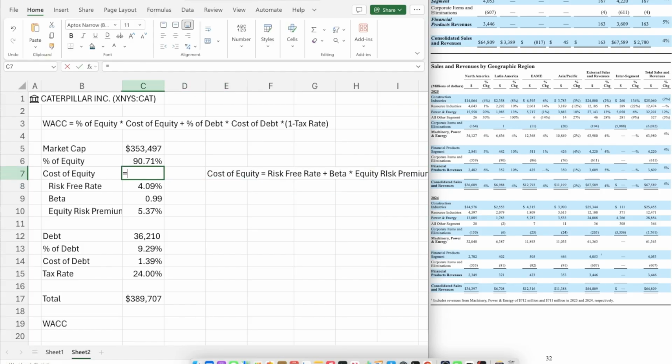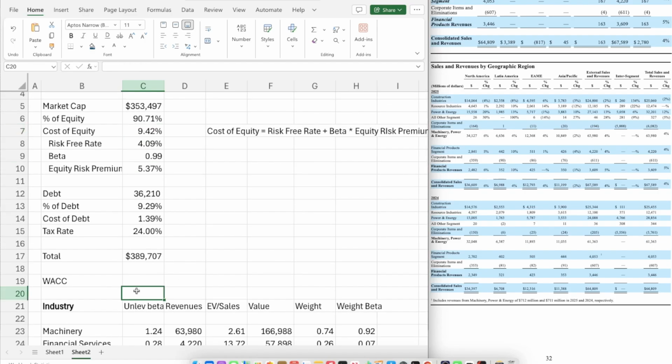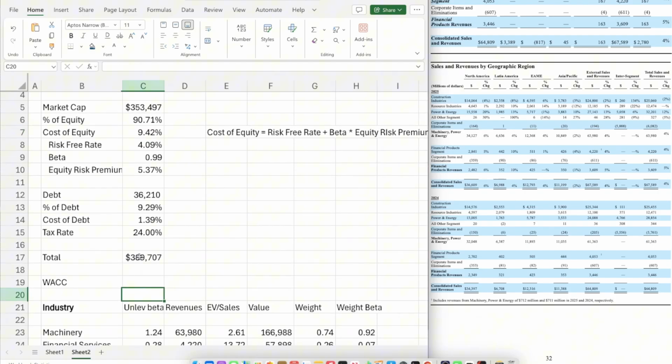What we're going to do is take your risk-free rate plus your beta multiplied by your equity risk premium, which gives 9.42%. Now we have all of the components that we need to calculate our WACC.